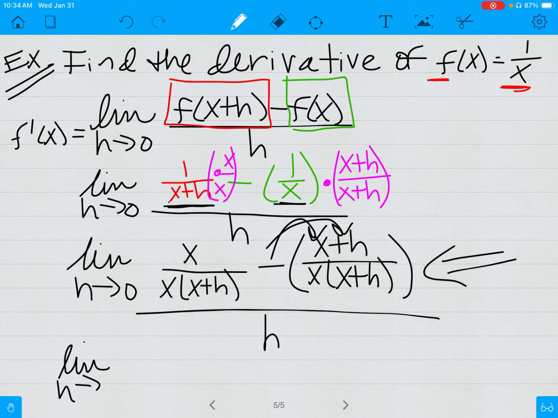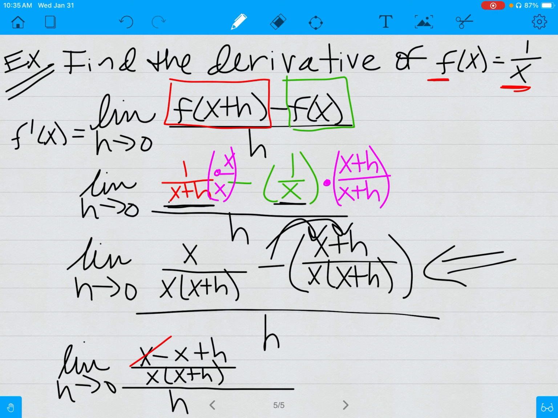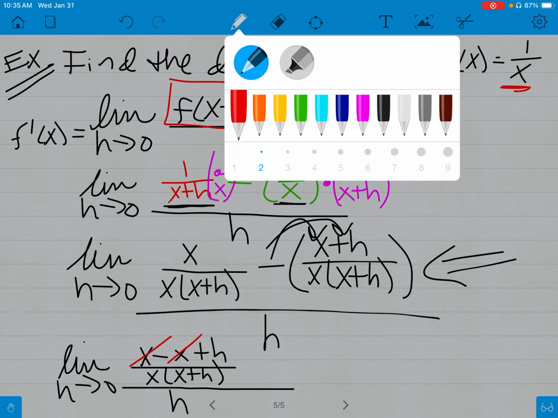So we have limit as h approaches 0 of x minus x plus h over x times x plus h. That's our common denominator. And then that whole thing over h. And you'll notice at this point, those x's are going to cancel. And then something very interesting happens.